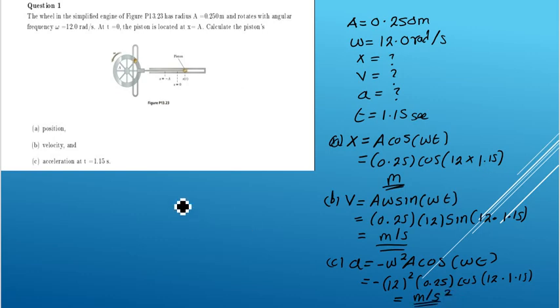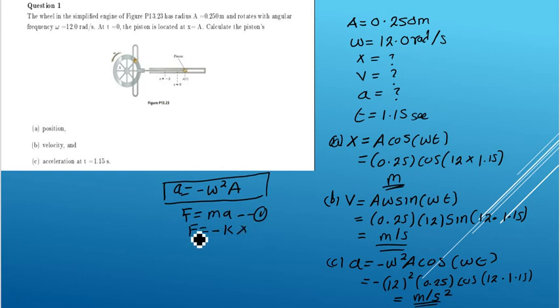So this is just how you go about this question. It is very, very simple. Some books find the acceleration by a different formula, and this formula comes from this. We know that the force is equal to ma, but then remember that under Hooke's law the force is equal to negative kx.